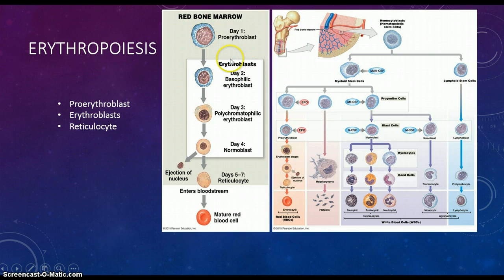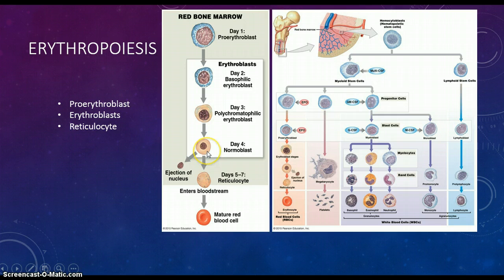From here, we move into the erythroblast. This is day 2 to day 4. And what's happening in our cell now is a lot of hemoglobin production. Remember that protein synthesis relies on having a nucleus with DNA present in order to get the mRNA, which will be translated into a protein.